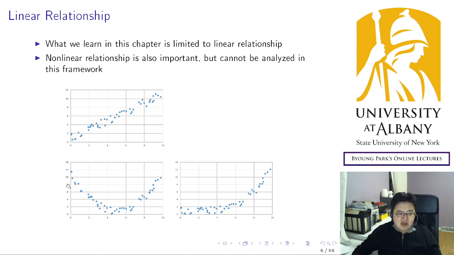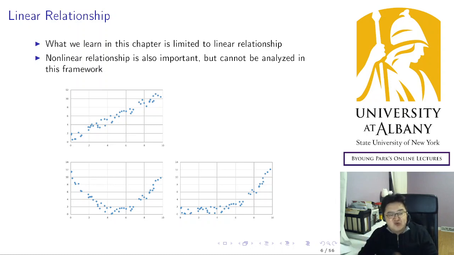However, if you look at this panel, the pattern goes down and then up. It's a V or U-shaped relationship. It's nonlinear. The slope changes here and there. So this kind of example does not fit into our framework.